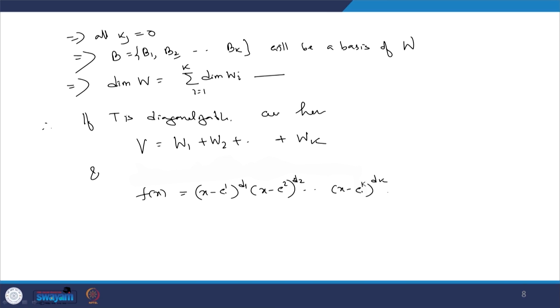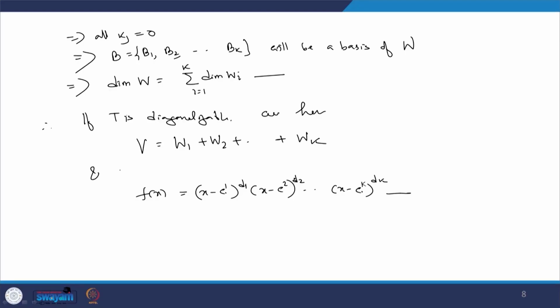So this is all about diagonalizability of the operator. If T is diagonalizable, then V can be written as a sum of subspaces W1, W2, Wk, where Wi are the eigenspaces associated to the eigenvalues c1, c2, ck.